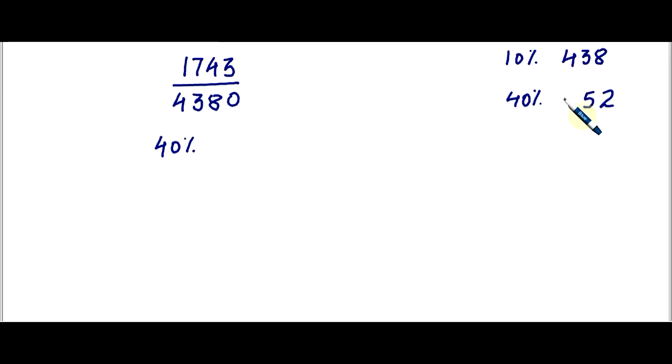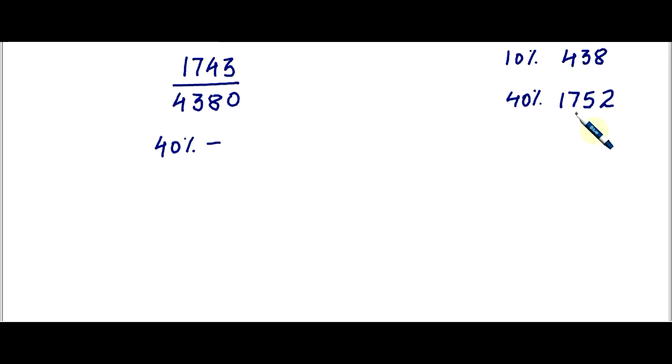And 4 4s are 16, so 1752. Oh, it crossed 1743. So it will be better to come back from 40%, because I've got 40% as slightly greater than 1743. And it's very, very close, isn't it? 1752 to 1743, it's just 9 lesser.